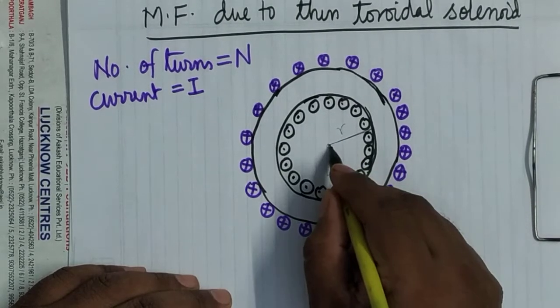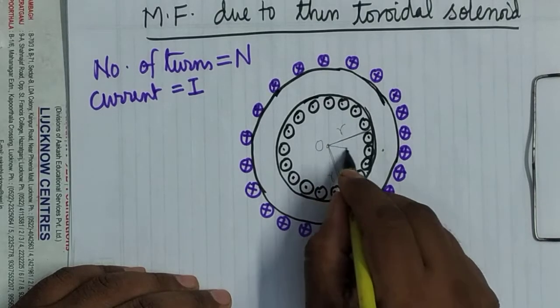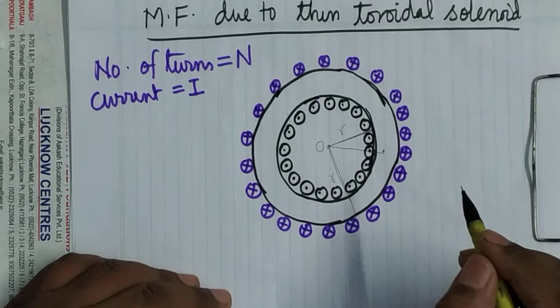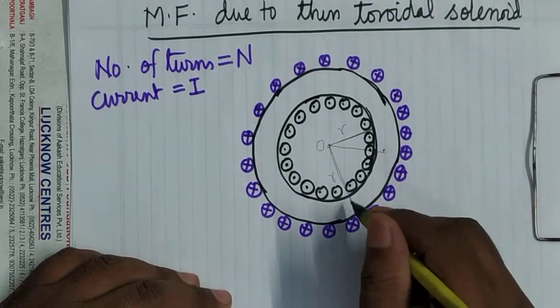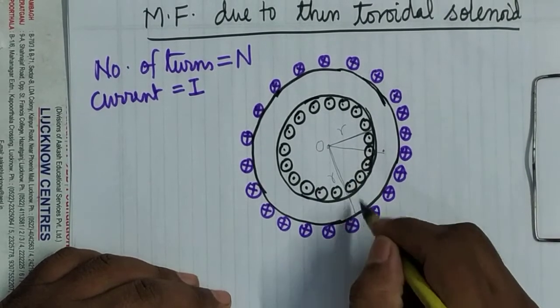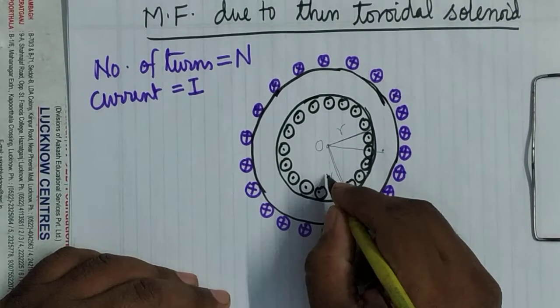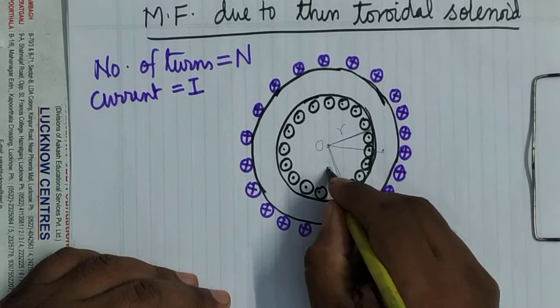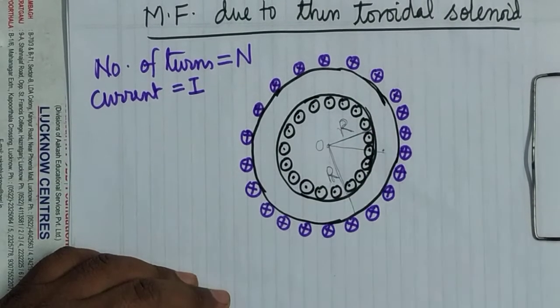Or if you take the distance of this point from the center O, that will also be small r. It's clear, because in a thin toroid, the external radius minus the internal radius, capital R minus small r, is negligible. Here I am using the symbol capital R instead of small r.